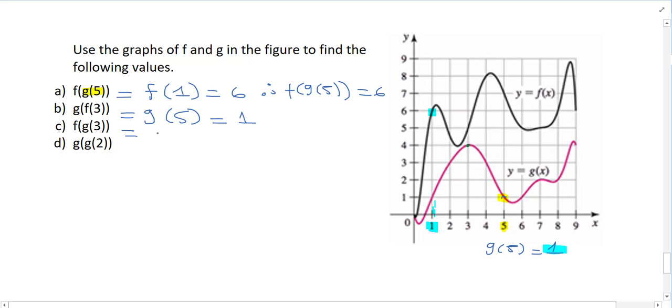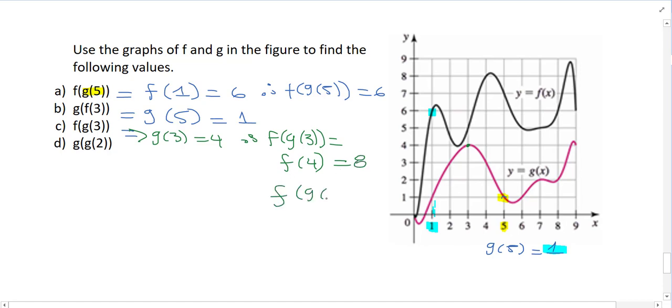So that means g of 3 is equal to 4. Therefore, f of g of 3 means I'm looking for f of 4. So go to 4 and then find the f value, and that's 8. And so that means that f of g of 3 is equal to 8.